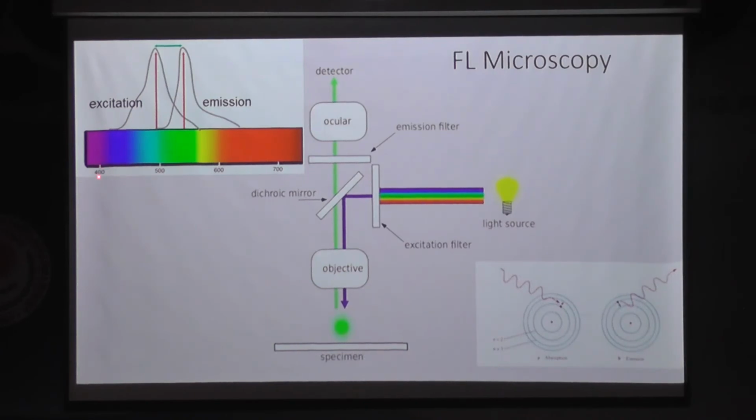A fluorophore which is getting excited at 400 will always give you a wavelength of 500. Excitation happens at one wavelength, and the emission happens at another wavelength. The other wavelength always has to be longer than that. The longer the wavelength of the light, the lesser the energy. It is inversely proportional.